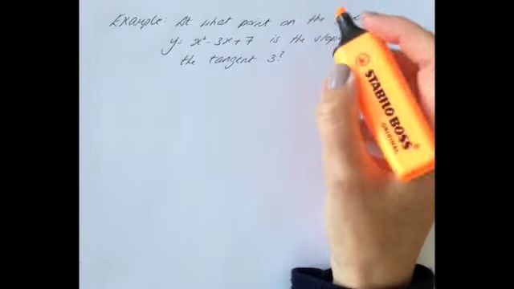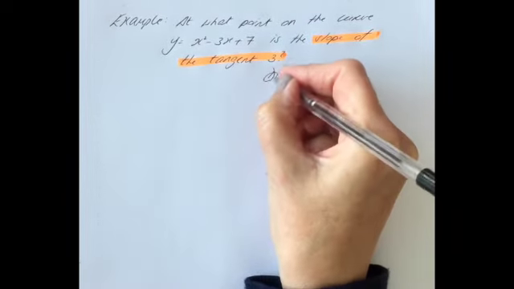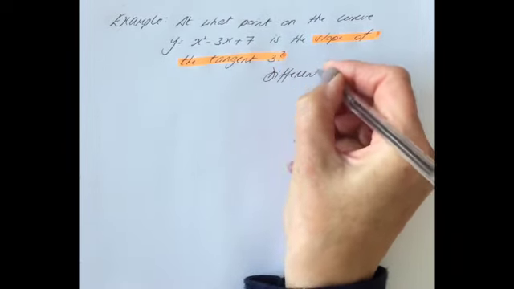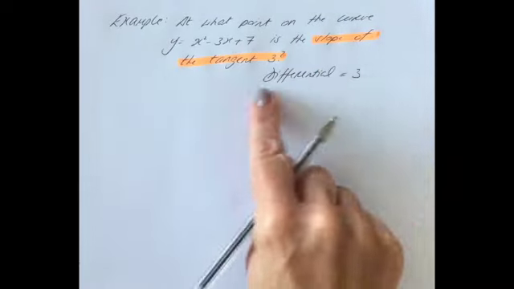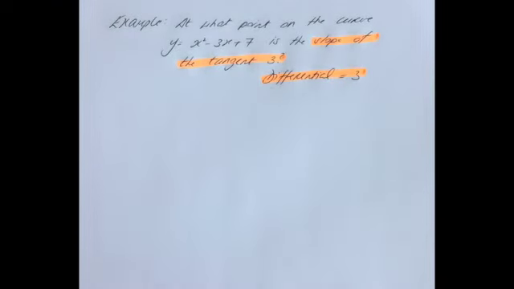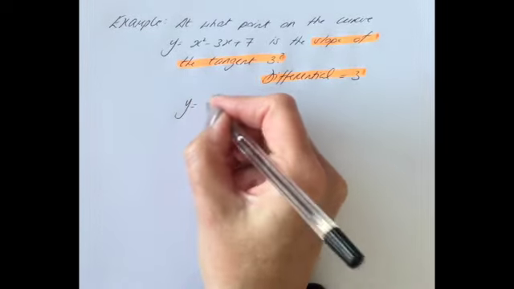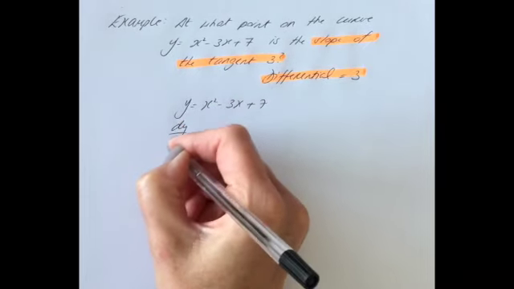So you're being told that the slope of the tangent is 3, which means your differential, whatever you get after you differentiate, is equal to 3. So that's what we have to work with, and that's what we're going to do. So take your y equals x squared minus 3x plus 7, and we will differentiate it.